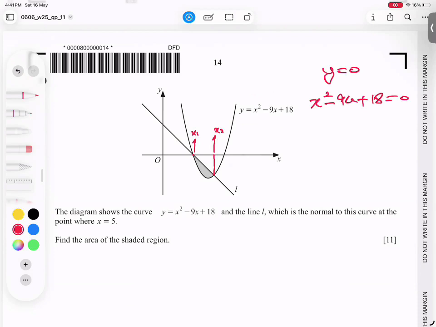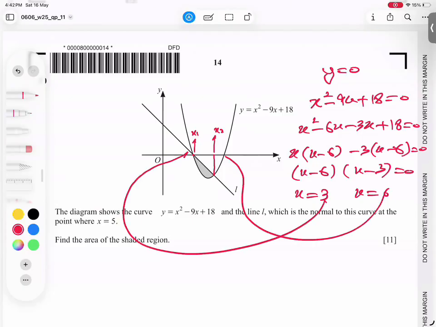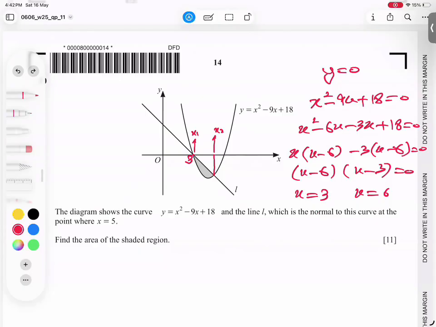And 18, so 6 3s are 18. And x common. I'm getting two answers. First answer is 3 and second is 6. It means this is 3 and this is 6. 3 here and 6 here.